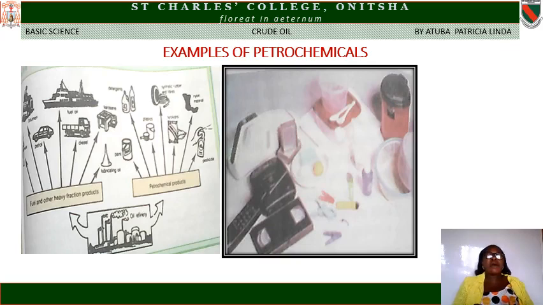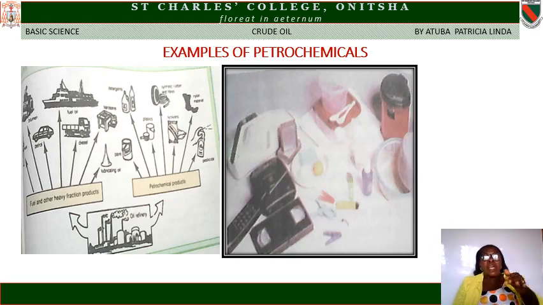Examples: we have paints, plastic cups, tires, pesticides, nylons, Vaseline, etc. All of them are petrochemicals. While from the heavy oil fractions, we have diesel, petrol, naphtha, kerosene.